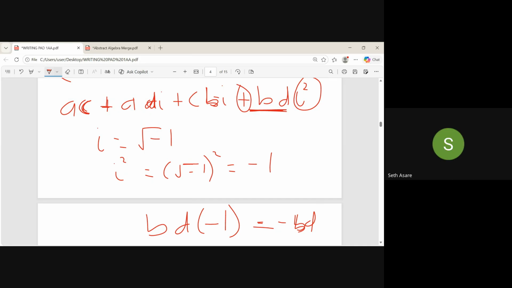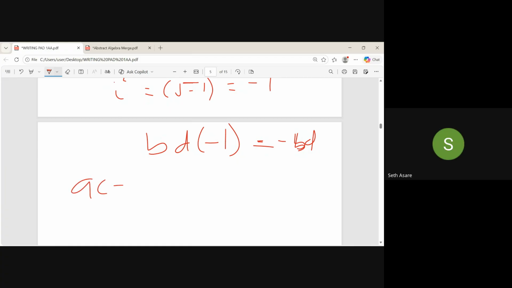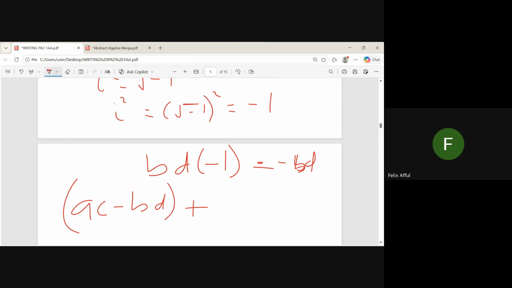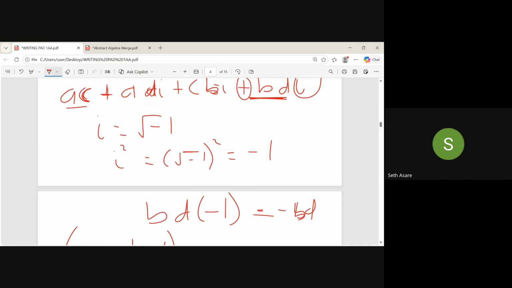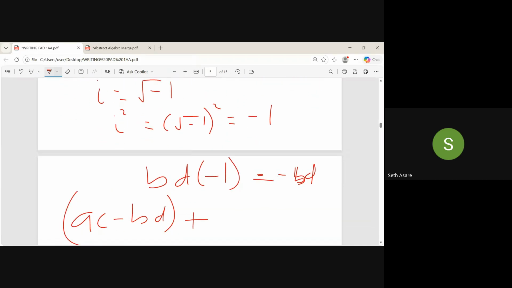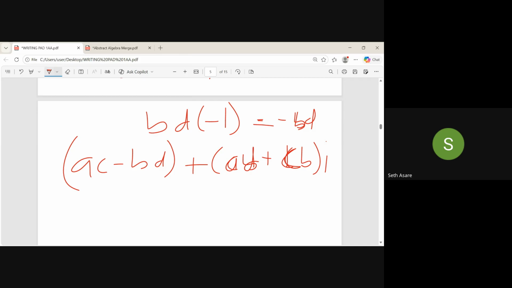So if that is the case, then look at that. We are going to rearrange them: those with I attached and those without I attached. So I am bringing this one and that one together. That one will give me AC minus BD in one bracket. Then plus AD plus CB, but there should be I attached here.